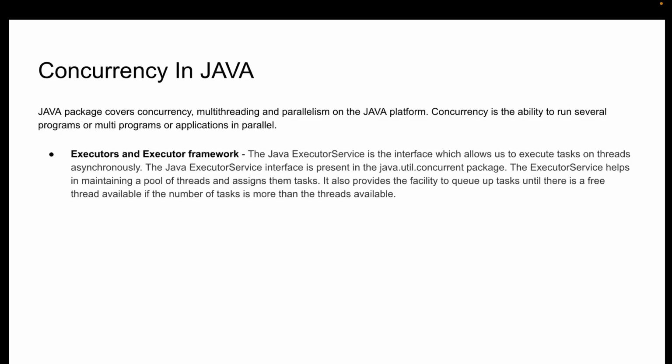So understand this, we have a pool of threads, and we have our thread scheduler, and we have some tasks to be done. The thread scheduler goes into the pool and sees which thread is free now. If that thread is free, the thread scheduler picks up that thread and assigns it to do some job.